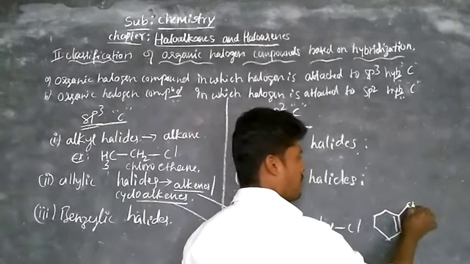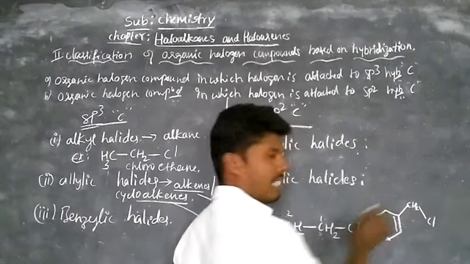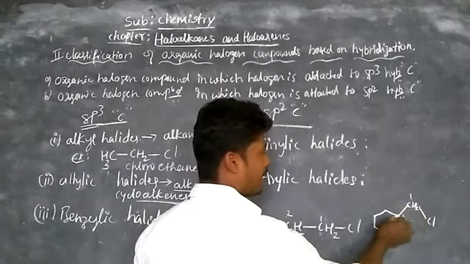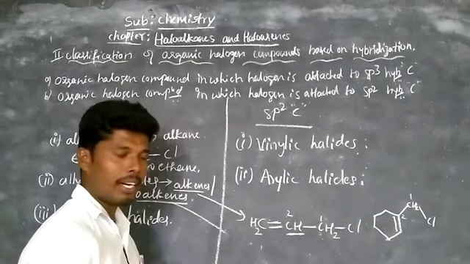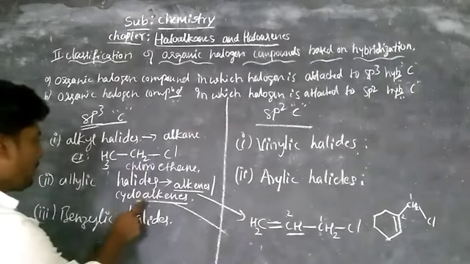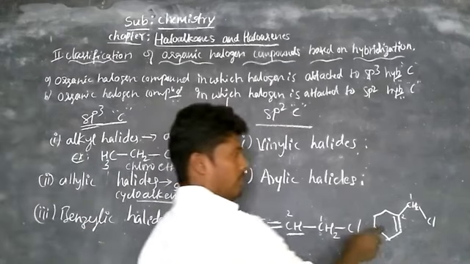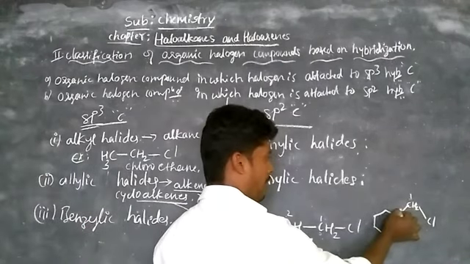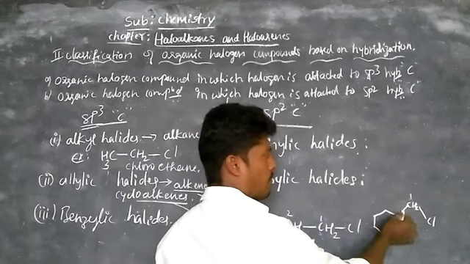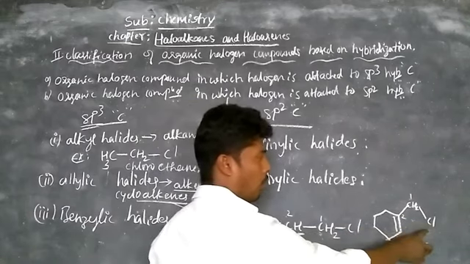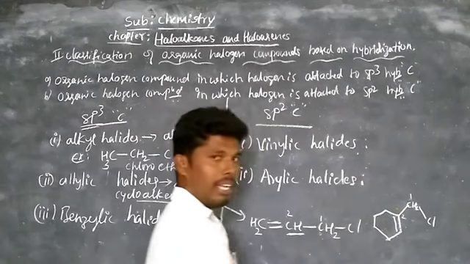Here there is a CH2 and it is connected to the Cl. Okay, so here give number 1, 2. The second carbon should contain what? Double bond, right? So this is an example for allylic halides of cycloalkenes. So here its name, give number 1, 2, 2 methyl, or chloromethylene cyclohexene.